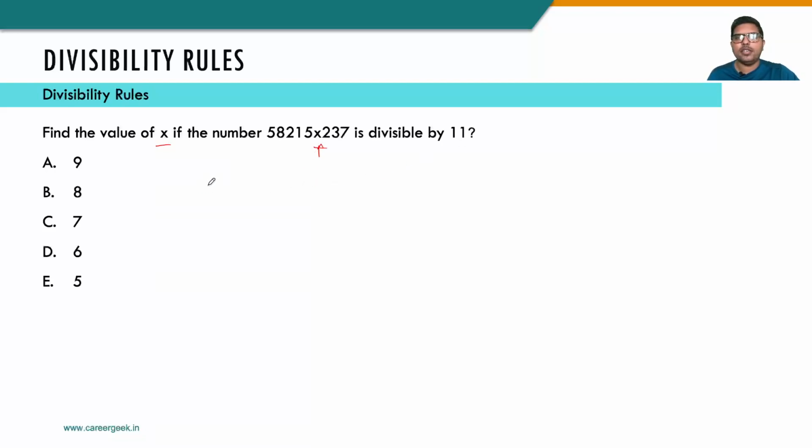Now, what is the divisibility rule of 11? Take the sum of the alternate digits; the difference of the sums of alternate digits must be divisible by 11. So the first sum we are going to take is 5 plus 2 plus 5 plus 2 plus 7.